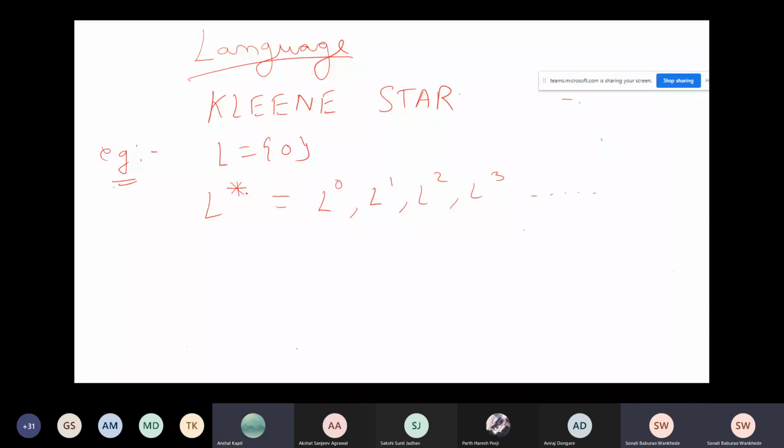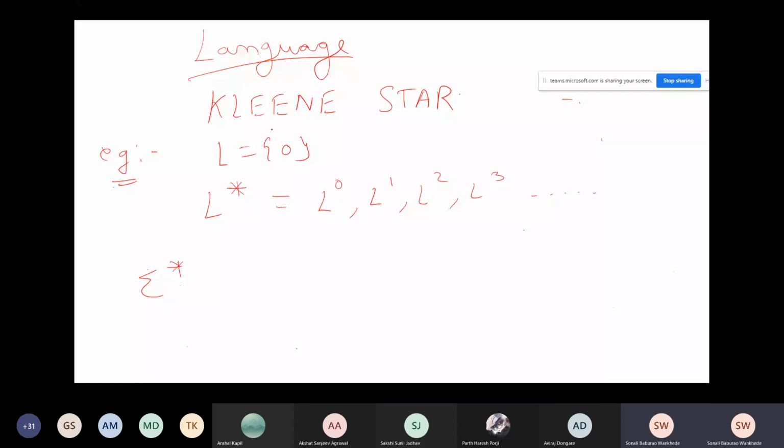It is an infinite set. Just recollect our definition of sigma star. Sigma star was basically a set of all strings present over an alphabet sigma. Similarly, here L star is the Kleene star operation.